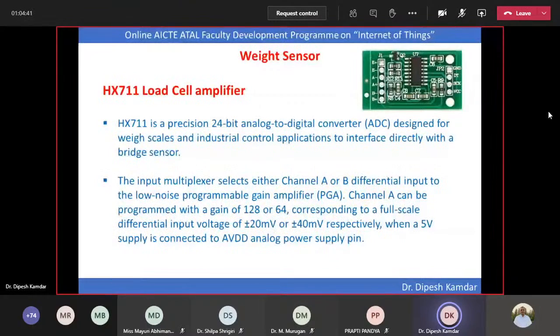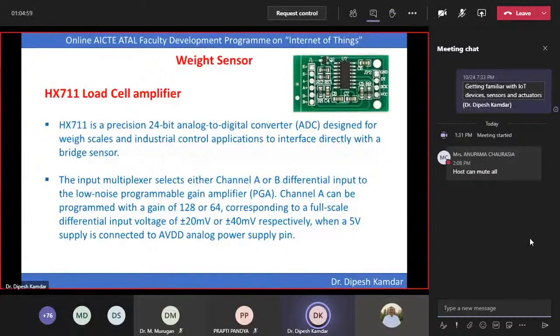Here is one of the load cell amplifiers available, the HX711, which we need to connect. It has a precision 24-bit analog to digital converter, so we can get digital data from this weight sensor.